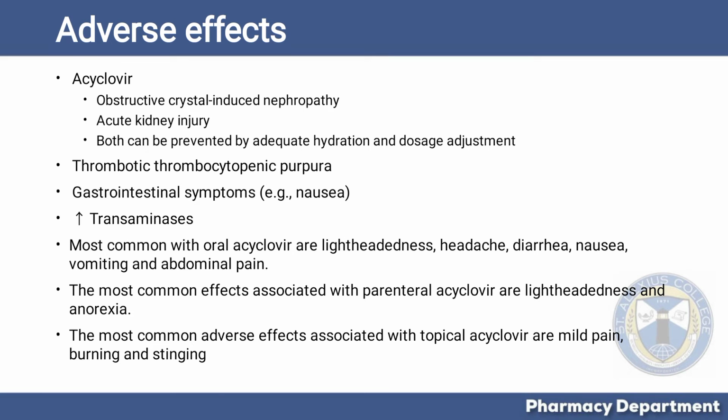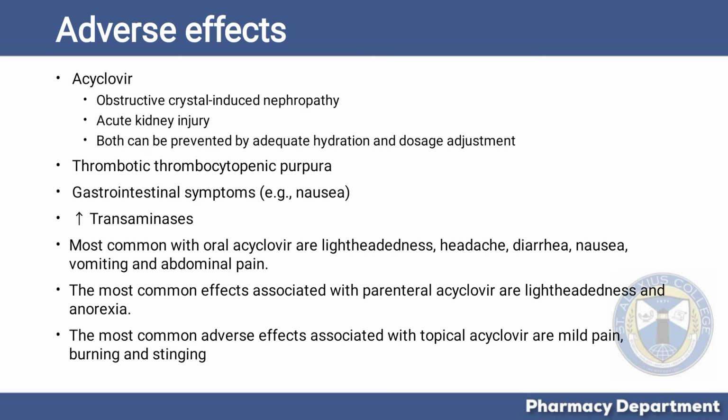Now, the adverse effects of acyclovir include obstructive crystal-induced nephropathy and acute kidney injury, and both can be prevented by adequate hydration and dosage adjustment. Thrombotic thrombocytopenic purpura, gastrointestinal symptoms like nausea, and increased transaminases.